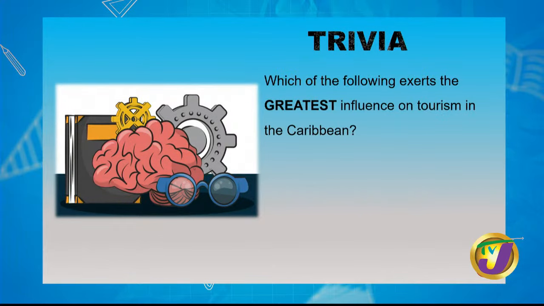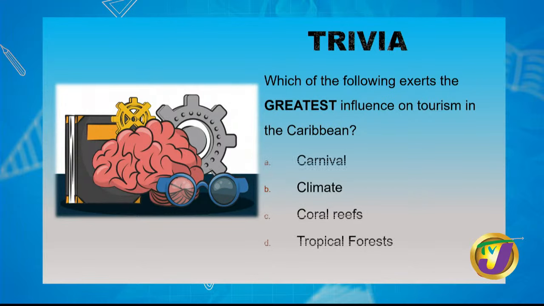The question says, which of the following exerts the greatest influence on tourism in the Caribbean? And note the word greatest is highlighted. The options include climate, carnival, coral reefs, tropical forests.